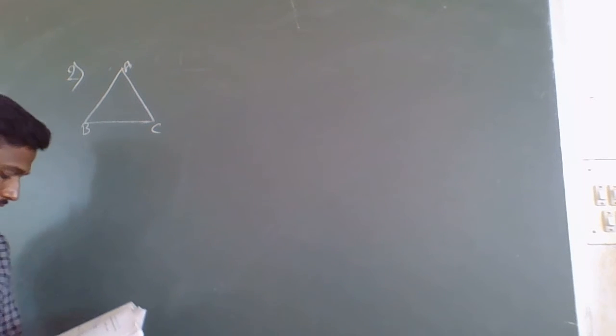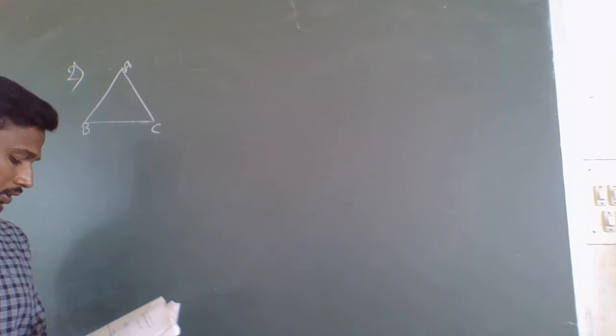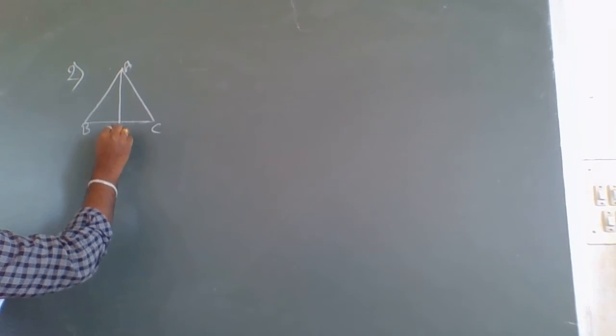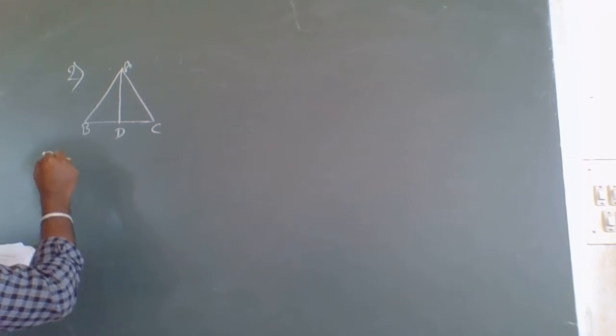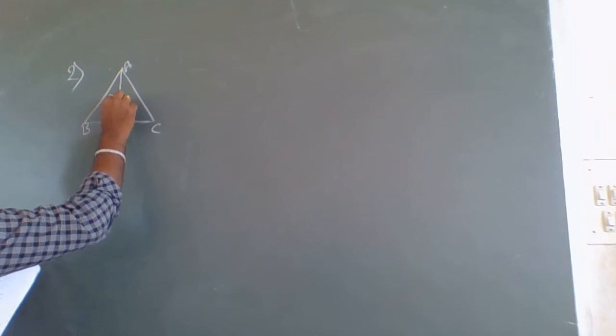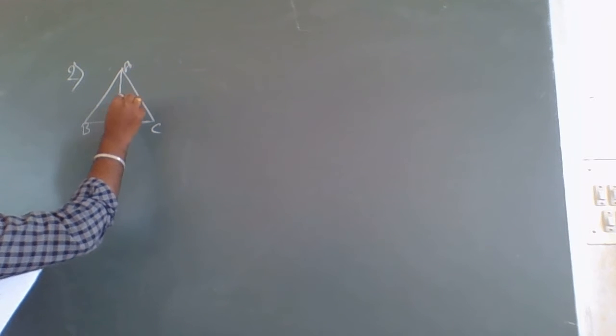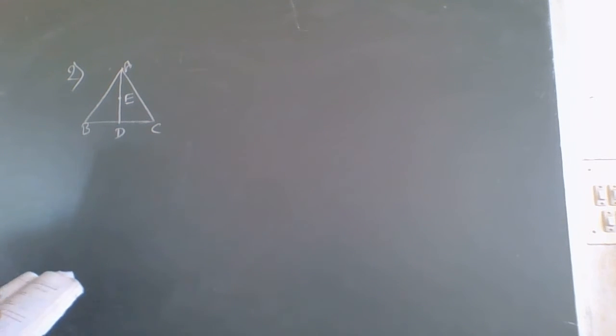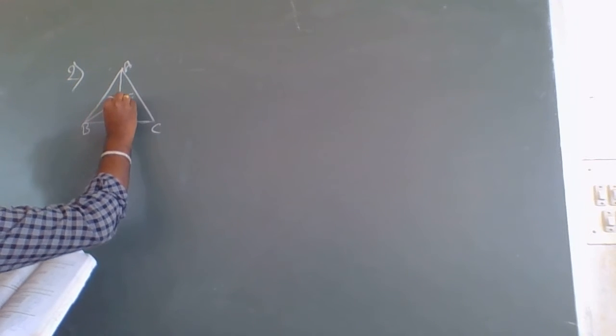They have given that E is the midpoint of median AD. So there is one median AD and E is a point on median AD. So here I will join B and E.